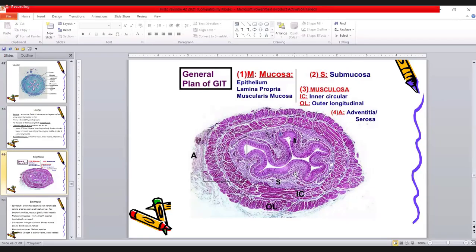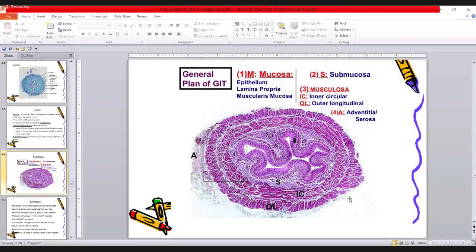Mucus glands in the submucosa. Okay. Then what is the next layer? Muscularis propria, muscularis externa. What type of muscles are there? Skeletal muscles. Yes. Then what's the last layer? Adventitia. Yes, adventitial layer.